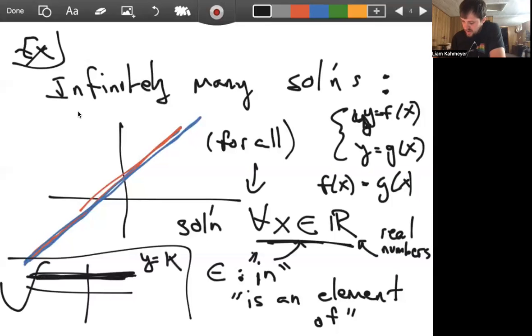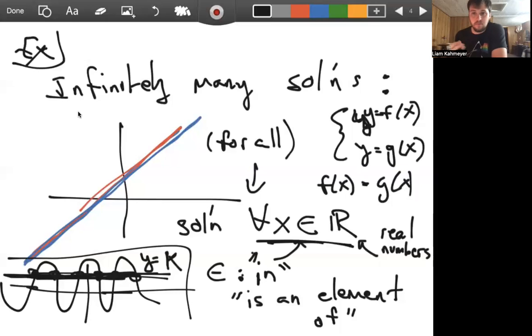Then if we had a sine wave oscillating and you let x vary between negative infinity and infinity, you would have an infinite number of solutions, because no matter how far out you go in either direction along the x-axis, you'll always find intersection points between these two functions.